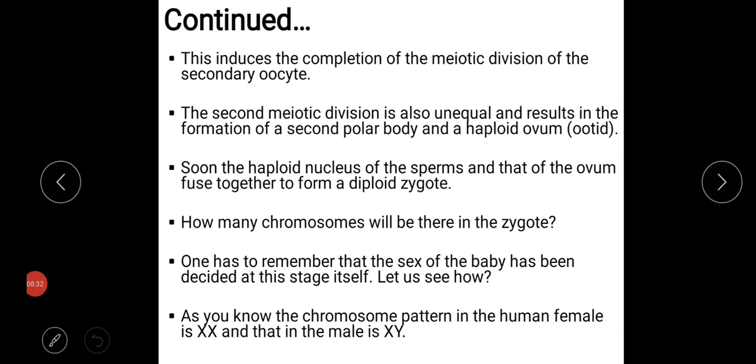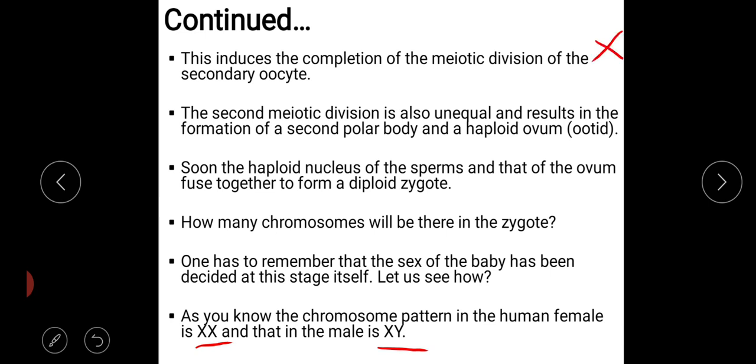As you can see, the chromosome pattern in a human female is what? Female has XX and male has XY. So when the ovum comes, ovum has what?